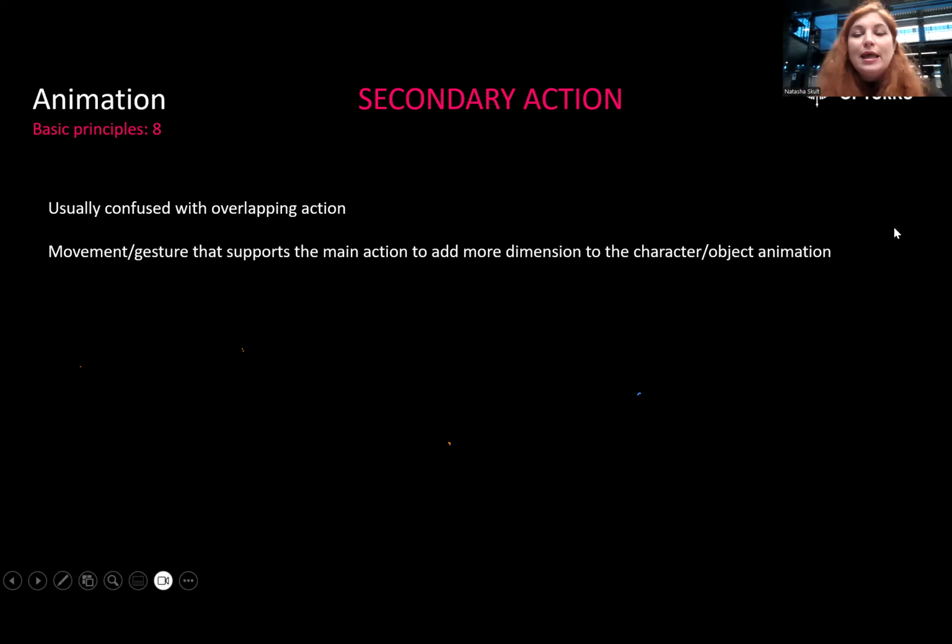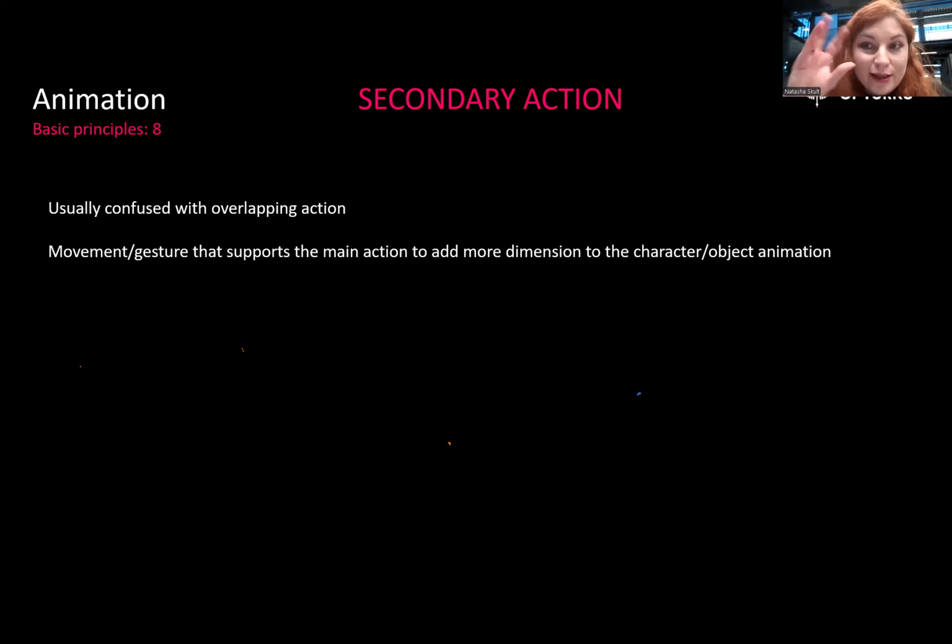Now let's go to secondary action. Now this is super interesting because this is very commonly confused with some other principles. For example, overlapping action, the one that we had with the sleeves. So we have a movement or a gesture, but it's a separate thing that supports the main action.